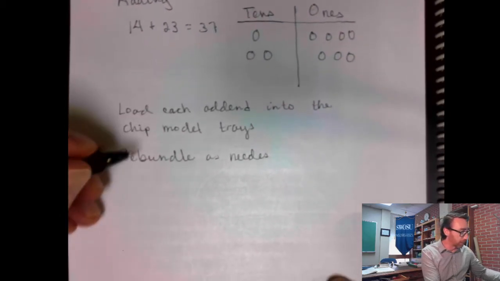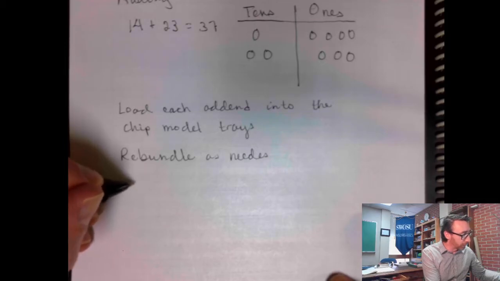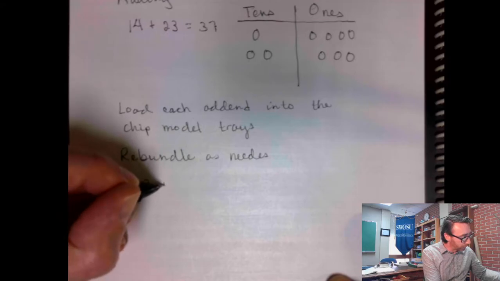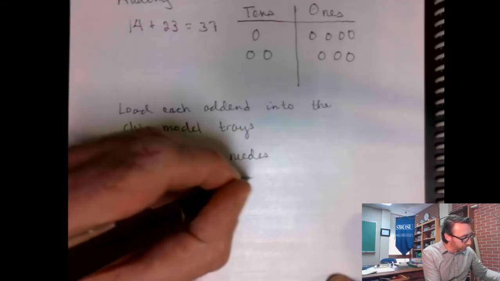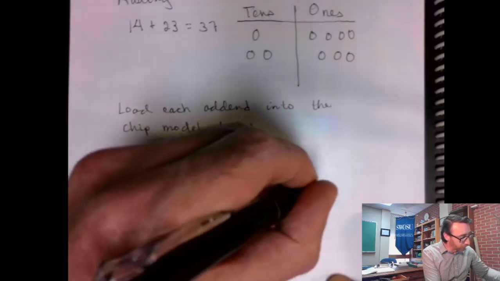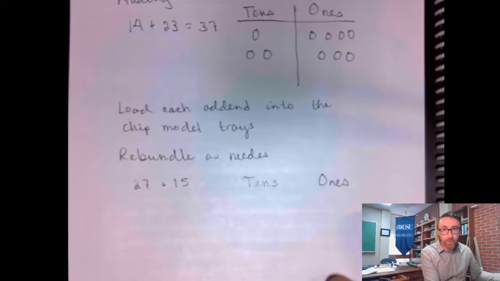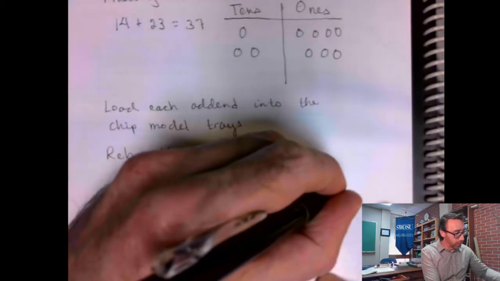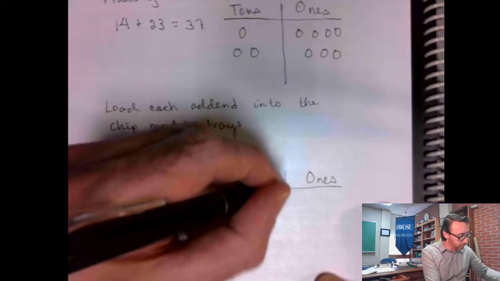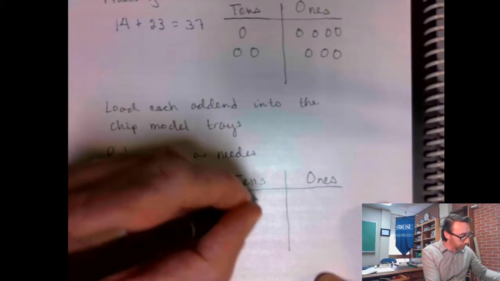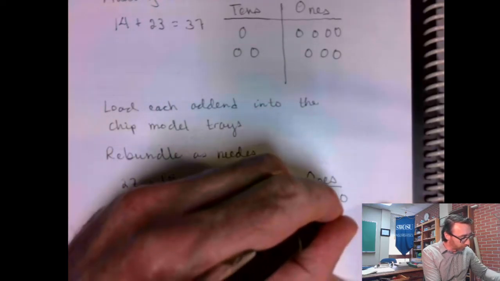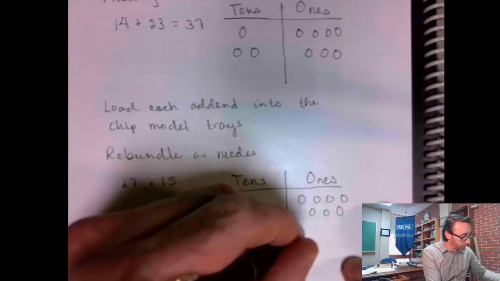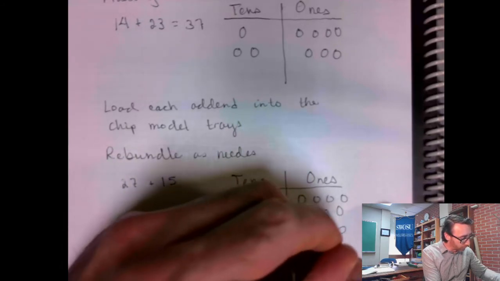Okay, let's do a quick example: 27 plus 15. We can still follow the same procedure. We load in each of these addends individually. That's 2 tens and then 7 ones, and 1 ten and 5 ones.